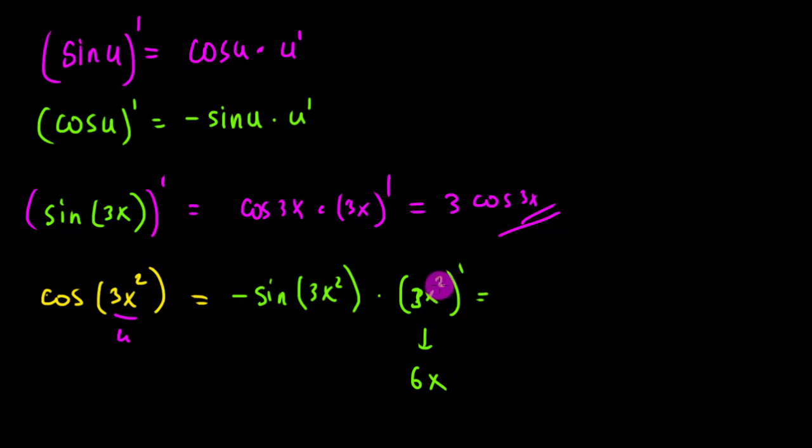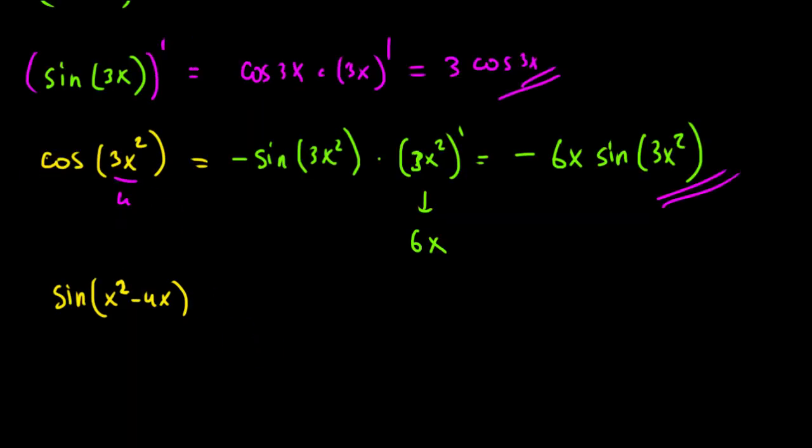Multiply the 2 by the coefficient, you have 6, and the power will be just 1. So it will be minus 6x sine 3x squared. That is your answer.